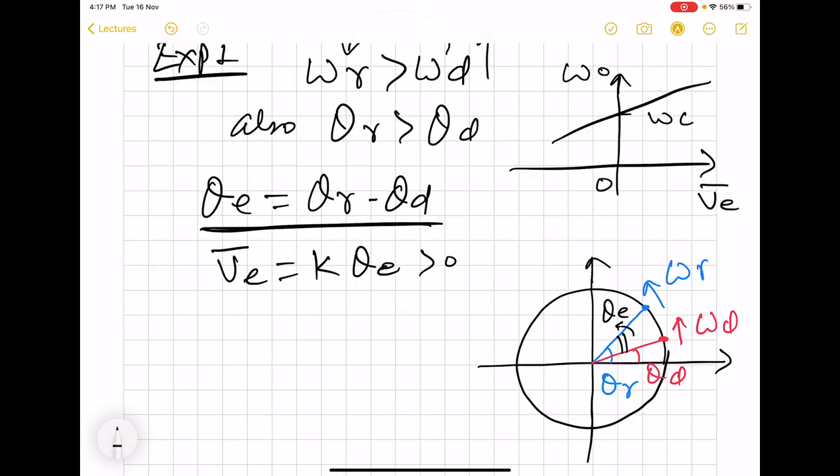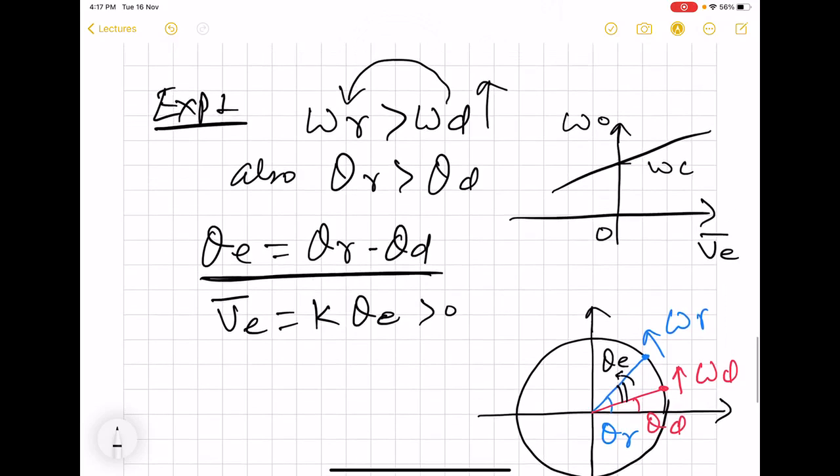So this is the condition, and we want to see how this PLL will ultimately be able to increase this omega d frequency so that it becomes equal to omega r. So at t equal to 0, we might have this scenario that we have the error voltage given by this voltage.